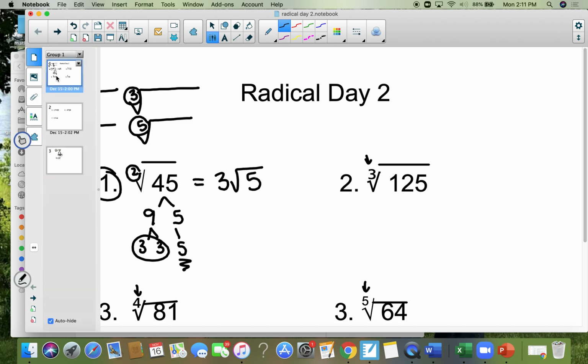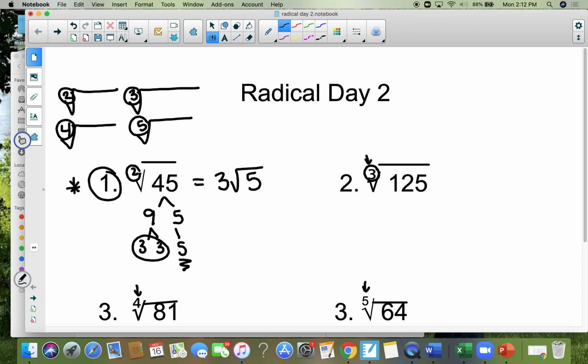Now, what we're learning today is that instead of a square root, we're going to do the cube root. We're not looking for 2 of something, we are looking for 3 of something. So you're doing exactly the same thing as yesterday. You're going to make a prime factorization. 5 times 25 is 125.